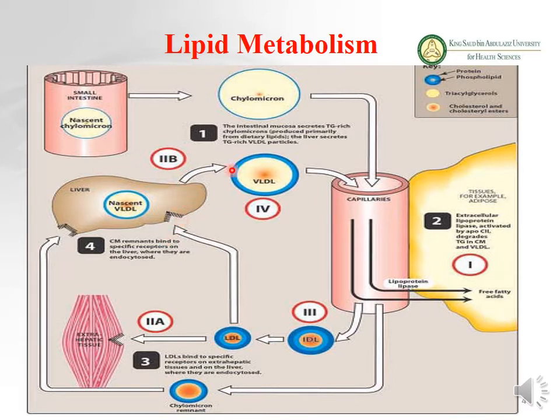And the liver again forms the very low density lipoprotein, from which low density lipoproteins, LDL, are formed. So here we have to note the drugs can act here, decreasing the absorption of the lipids, or they can decrease the synthesis of this very low density lipoprotein from the liver.